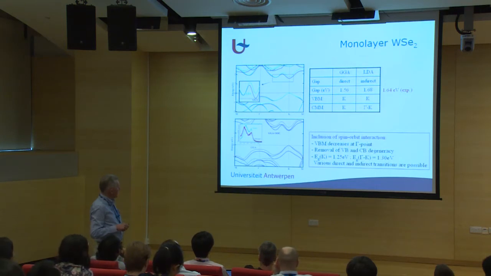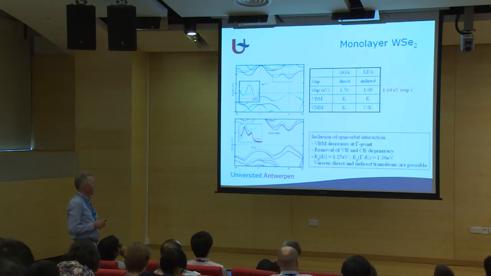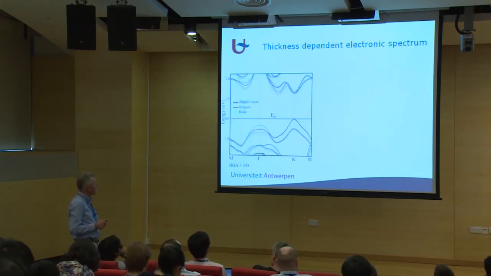So the degeneracy of the conduction and valence band is lifted. And also the band gap here is 1.25, so it even decreases, and the indirect band gap is 1.3. So those values are pretty close to each other, and at optical transitions you can have various possible transitions at the same time.